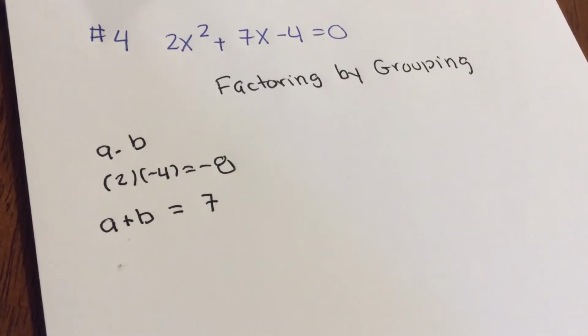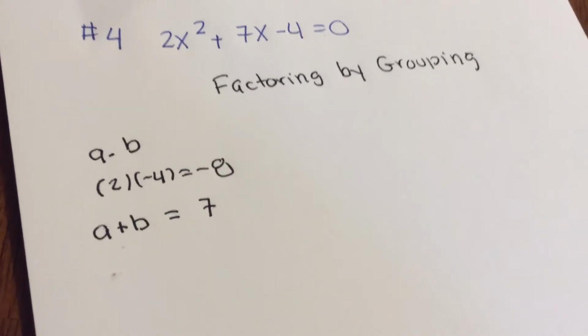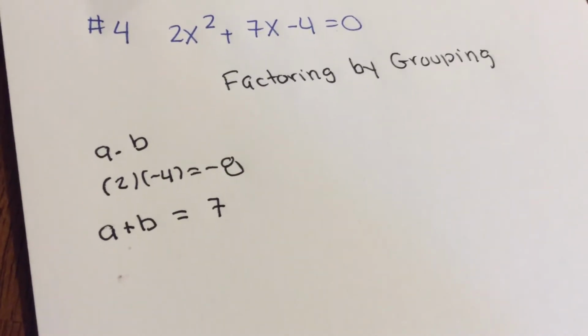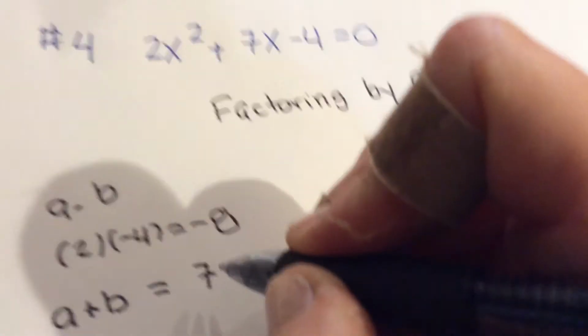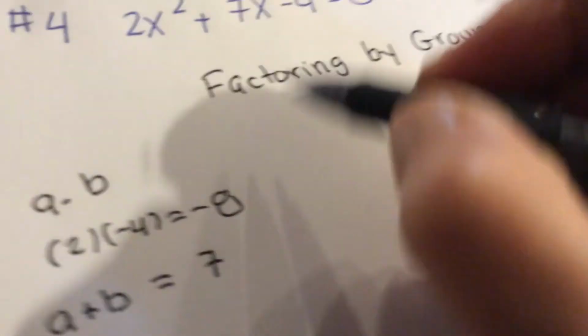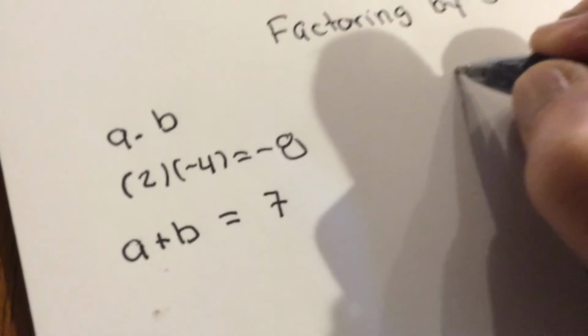So we have to think of factors of -8 and get two numbers that when we add or subtract them, will give me 7. So let's take a look. Here's -8.